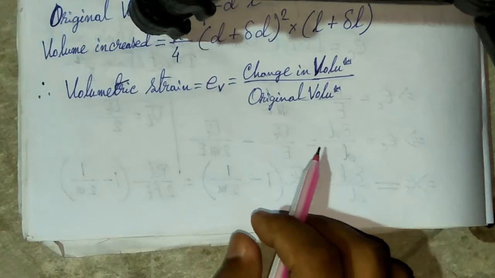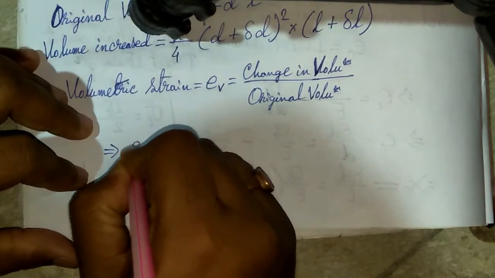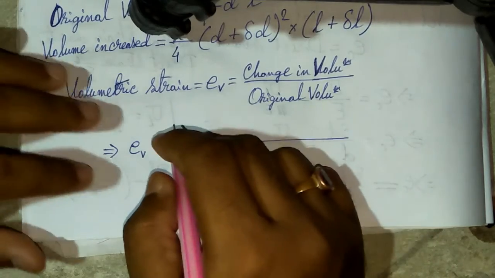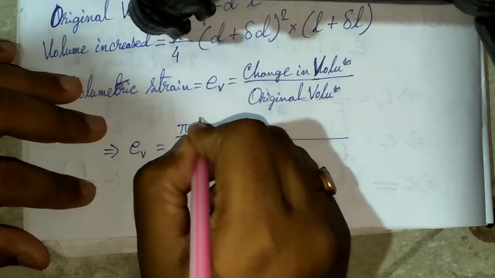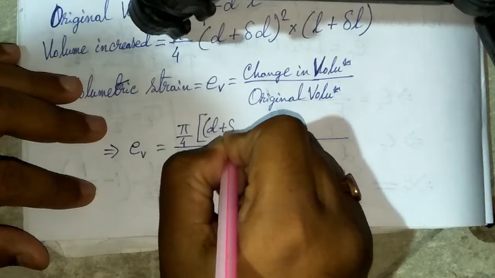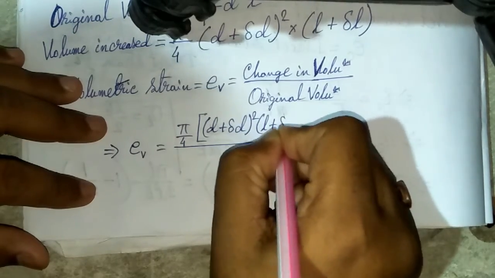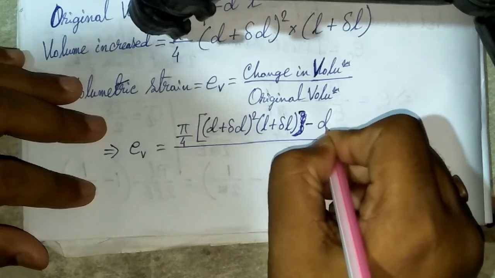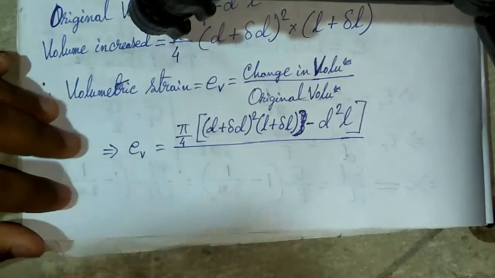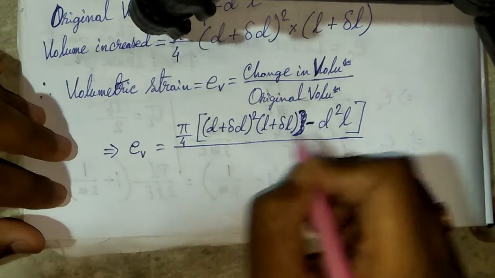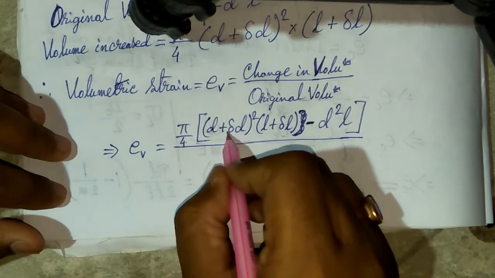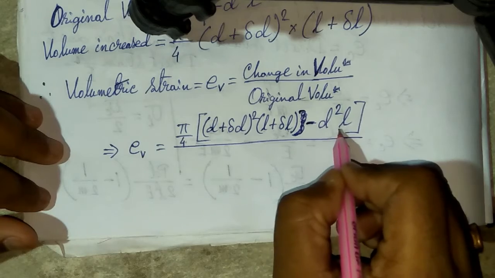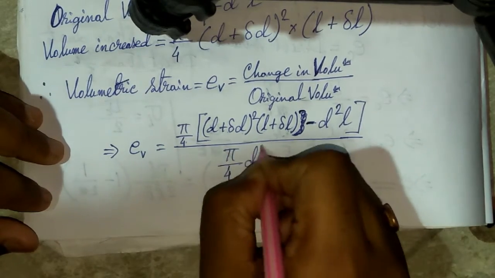The change in volume is nothing but the increased volume minus the original volume, that is pi by 4 into (d plus delta d) square into (L plus delta L) minus d square into L, divided by the original volume, pi by 4 d square into L.